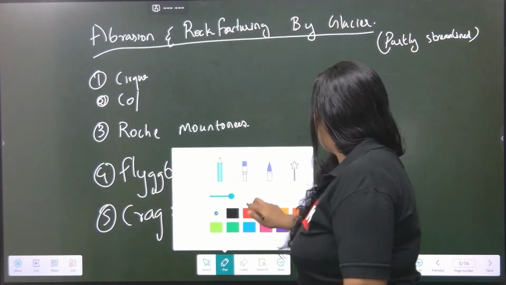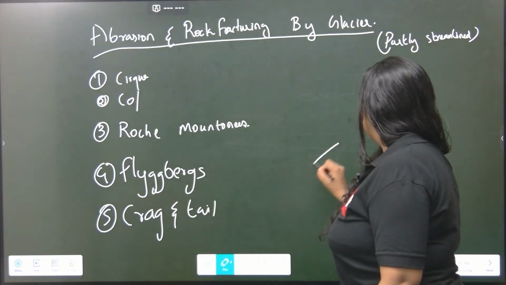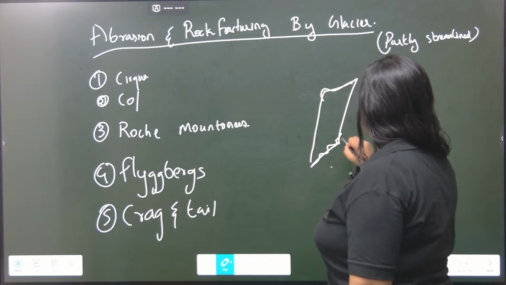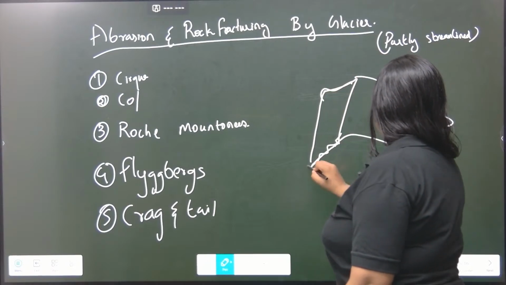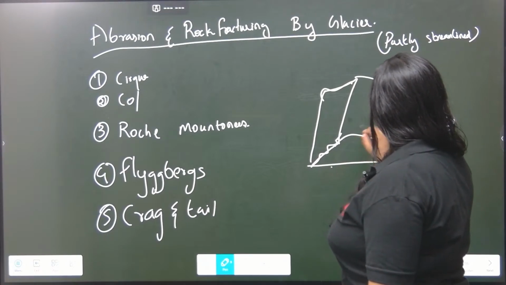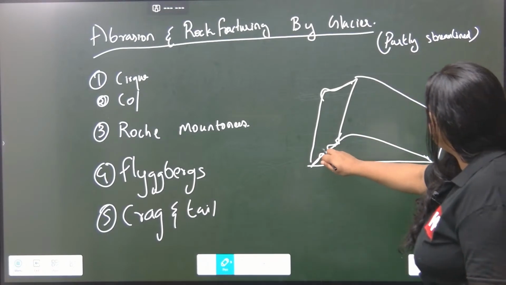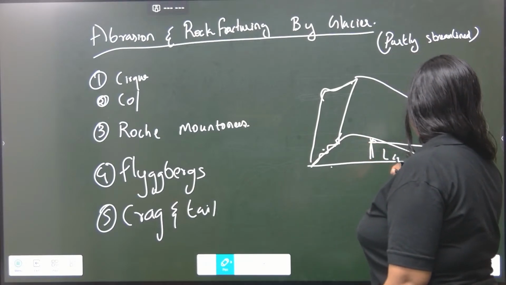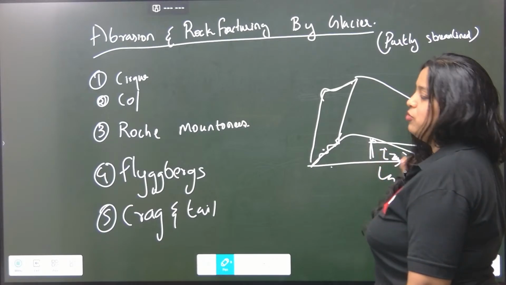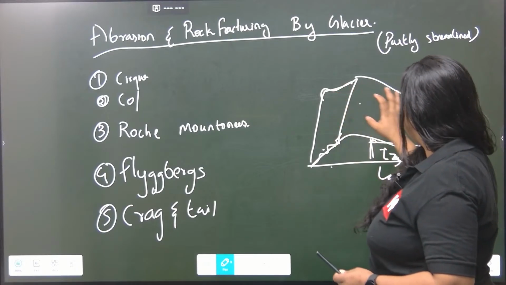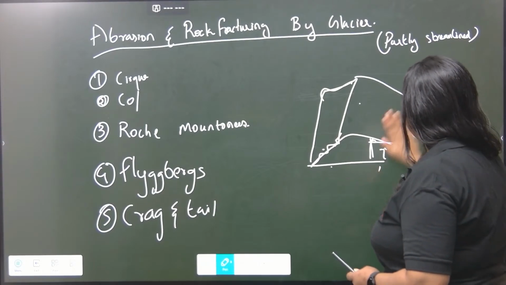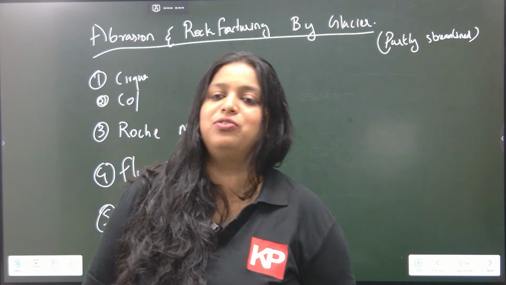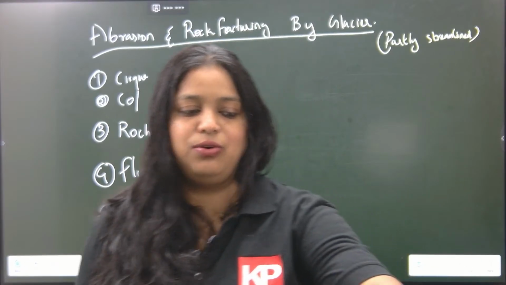So it will look like a rugged stoss side and a smooth lee side, with limestone preserved over here. This is the crag, and this side is the tail. The resistant rock dome is called the crag, and that's what is called crag and tail.